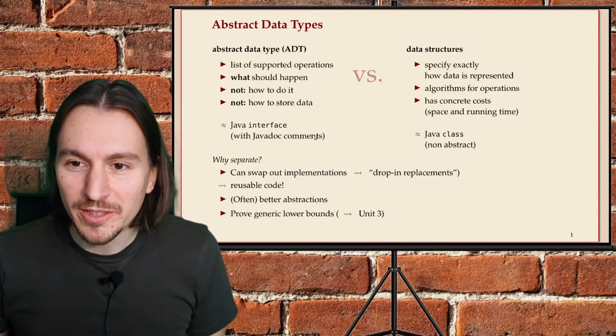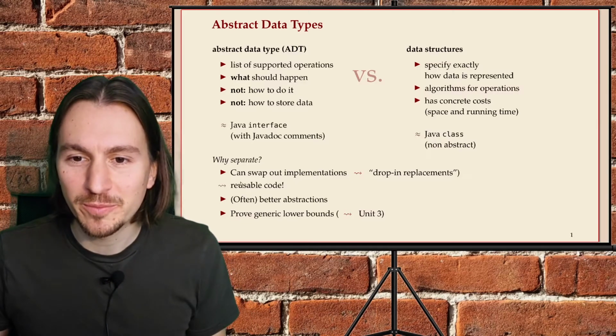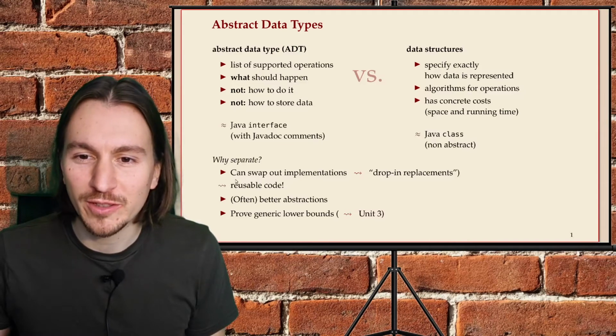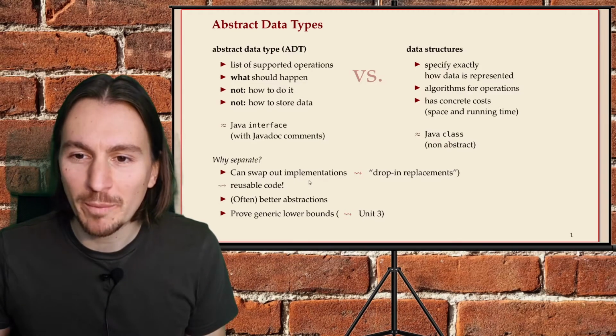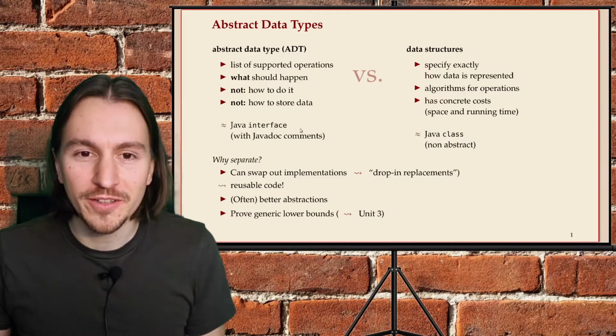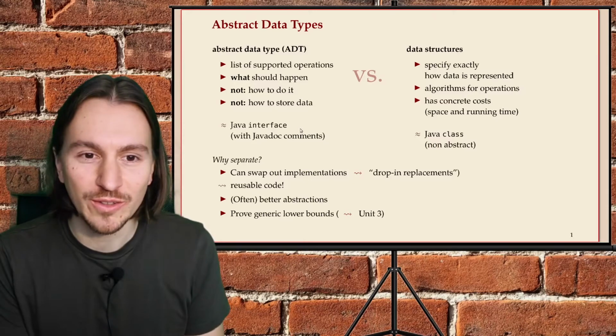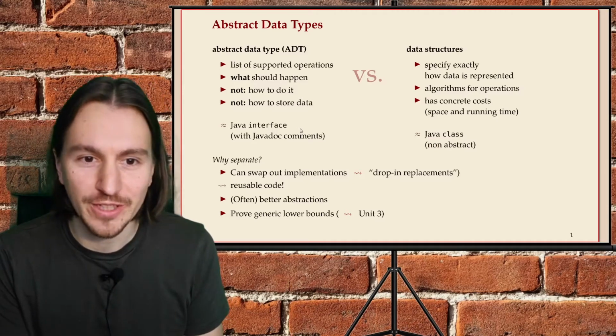You can argue why it makes sense to separate the two. I can think of a couple of reasons. From a practical perspective, it's helpful if you can swap out implementations. That's what people in Java do a lot. You can say, I have a list of objects, and then you can specify it's a linked list or an array list.